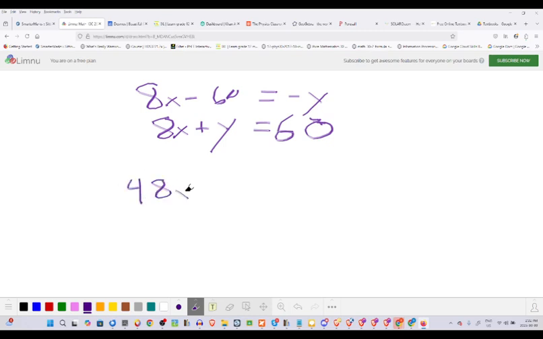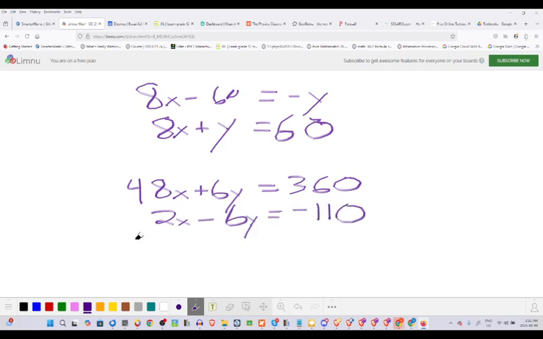So I have a 48x plus 6y equals 360. Our other equation is 2x minus 6y equals a negative 110. Now we can add the two equations.